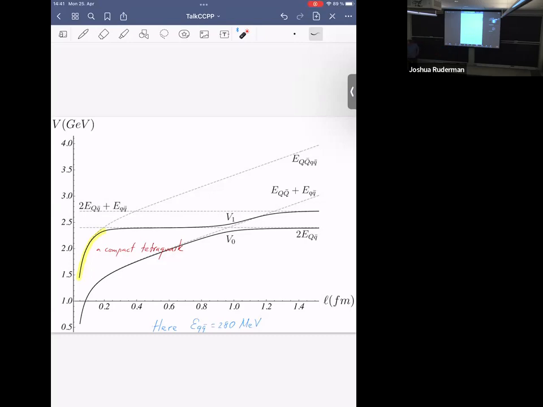So again, the ground state is here, and the main scale is just string reconnection. And the compact tetraquark, this Zb, appears only again. It's compact.